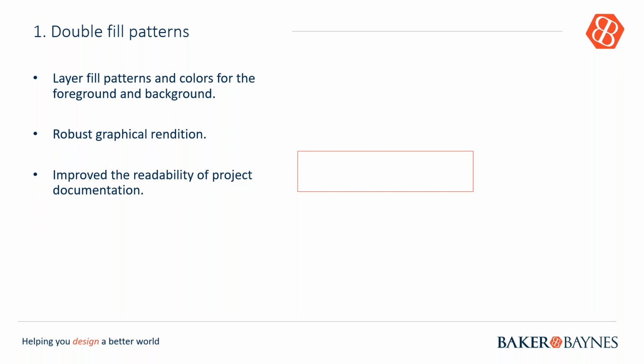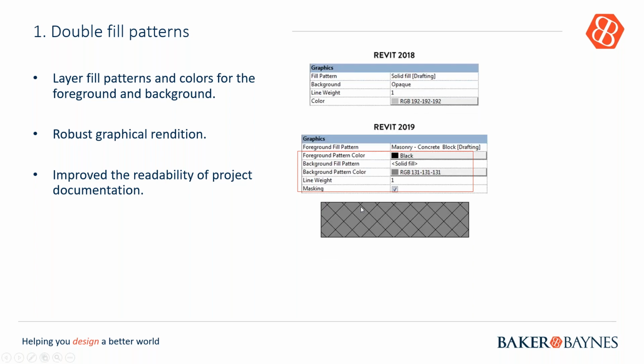So basically what it means is you now have two patterns for each region and material, one in the foreground and one in the background. In this example, which you see on my screen, we've created a masonry style fill region with a solid gray in the background. Now, in the previous versions of Revit, you had to literally create two different region styles.